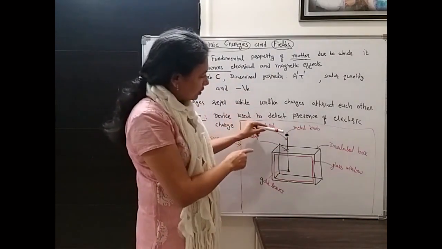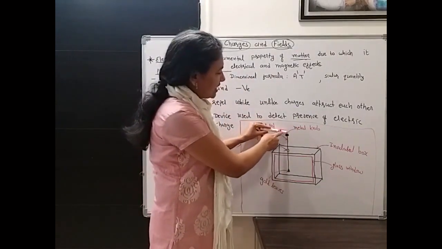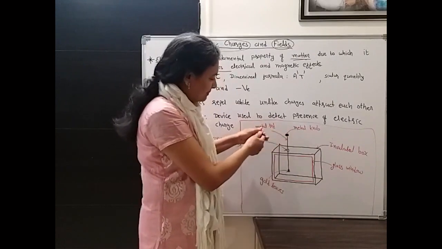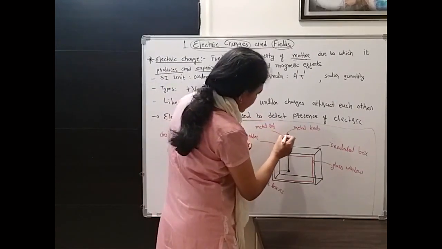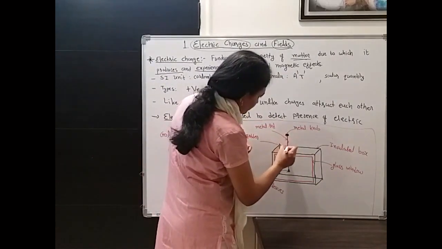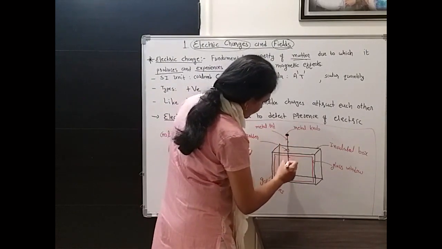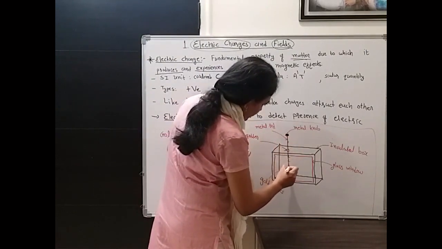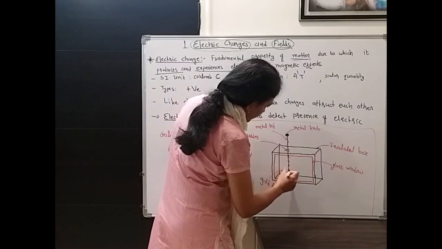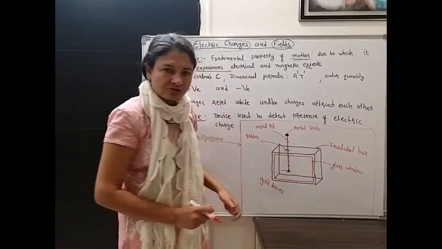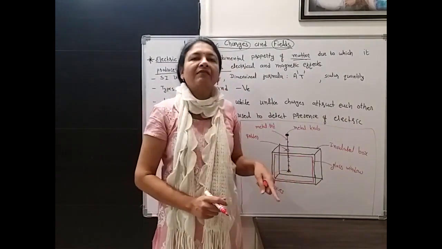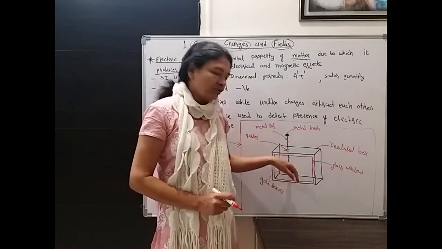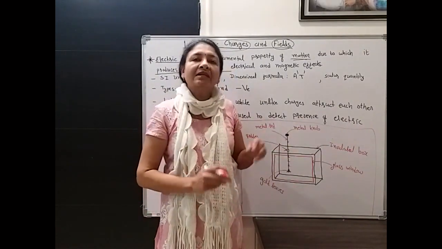Suppose the body which is touched here has positive charge. The positive charge will transfer through the metal knob and pass on to the leaves also. So now both the leaves have positive charge, and we know that like charges repel each other.